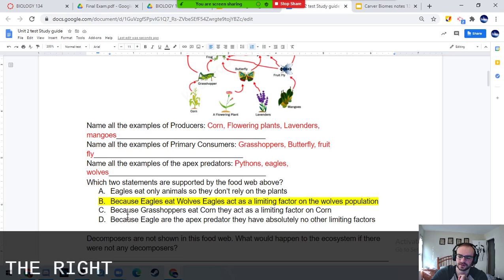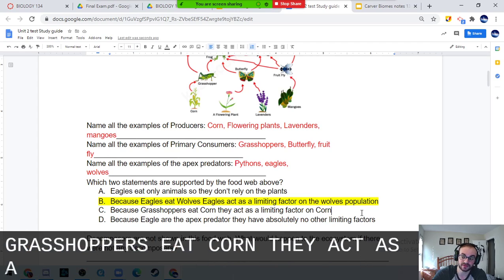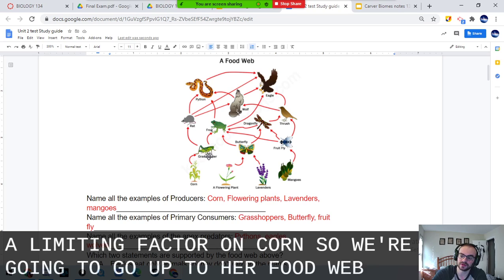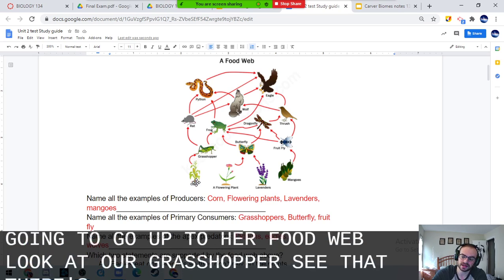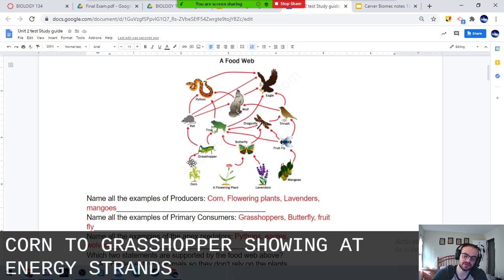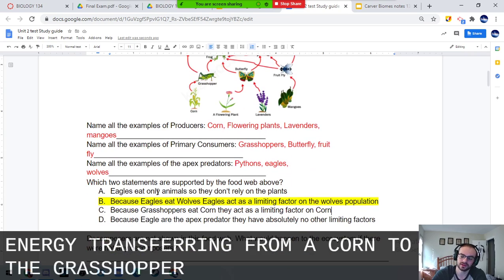All right. C says because grasshoppers eat corn, they act as a limiting factor on corn. We go up to our food web, look at our grasshopper, and see that there's an arrow that points from corn to grasshoppers, showing that energy is transferring from the corn to the grasshopper.